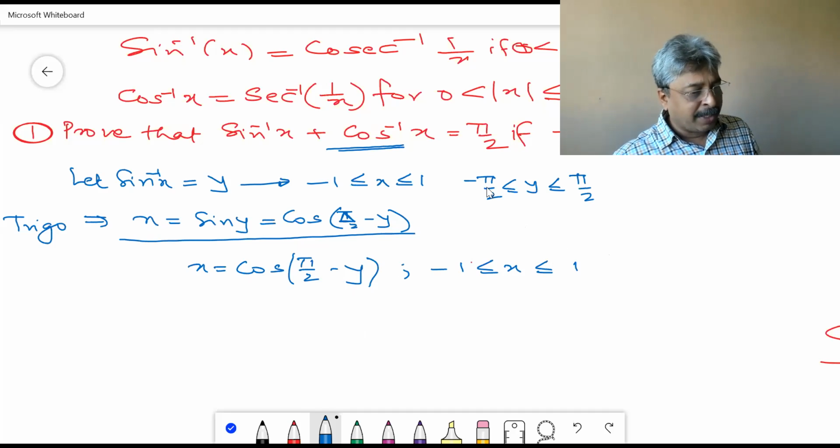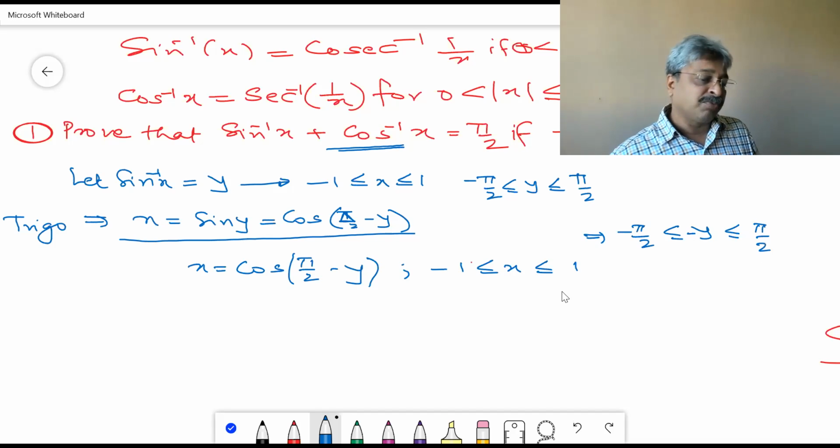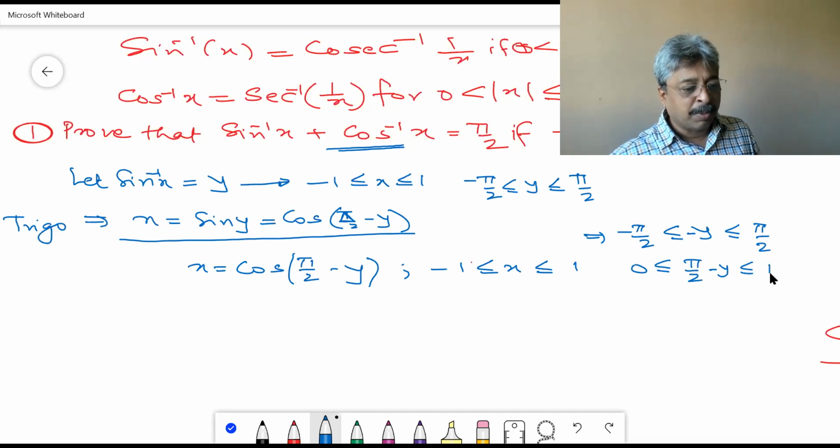So now we have minus pi by 2 is less than or equal to y is less than or equal to pi by 2. That implies minus pi by 2 is less than or equal to minus y is less than or equal to pi by 2, multiplying both sides of the inequality by minus 1 and flipping it. Then adding pi by 2 to both sides makes it 0 less than or equal to pi by 2 minus y less than or equal to pi.